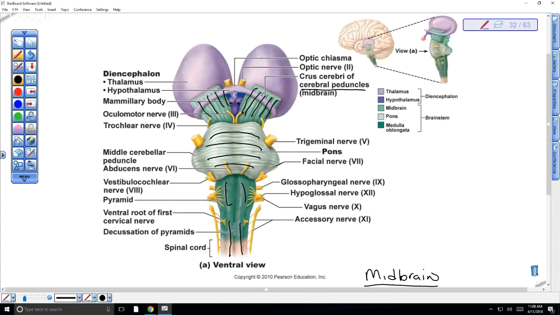And then we're also going to talk about the cranial nerves. All those things in yellow are nerves that come off of those different parts of the brain and innervate things like facial muscles, the tongue, the eye. And then there is one cranial nerve that travels down and innervates the heart and the digestive organs, which is called the vagus nerve. We're going to talk about these when we get to the peripheral nervous system.